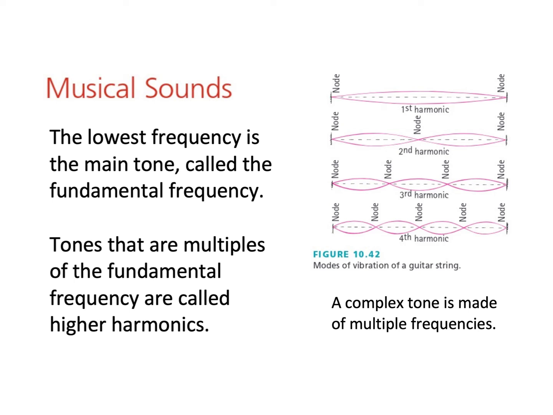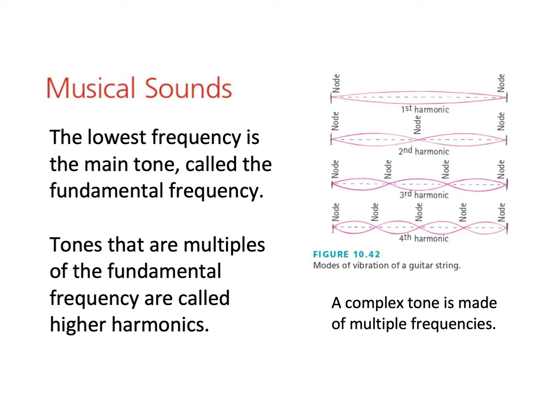The guitar string, when you strike it, or rather when you pluck it, might have different amounts. So it might have a certain amount of first harmonic that's different from the piano string. It might have more second harmonic than the piano string and less third harmonic, or vice versa.